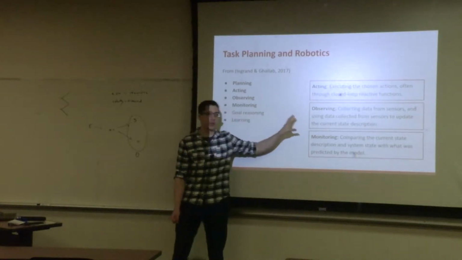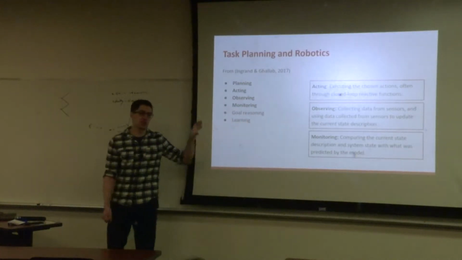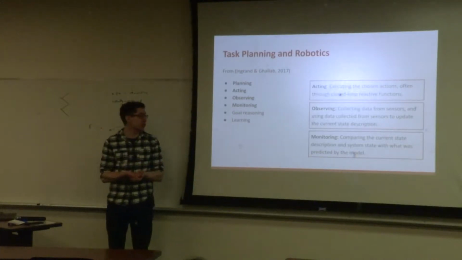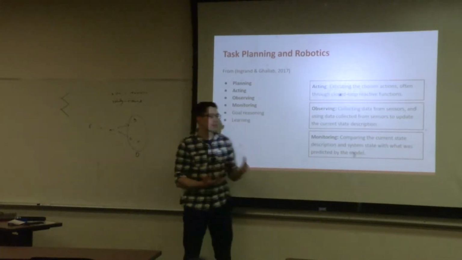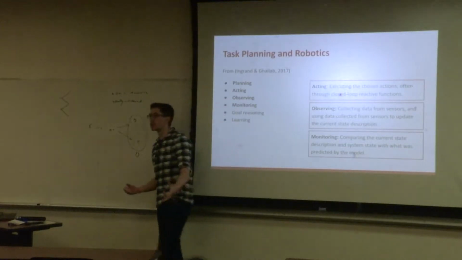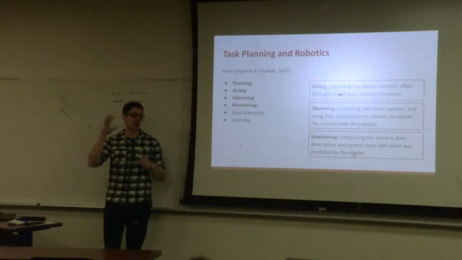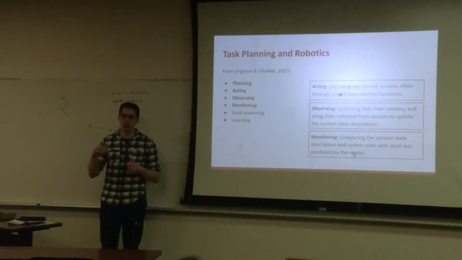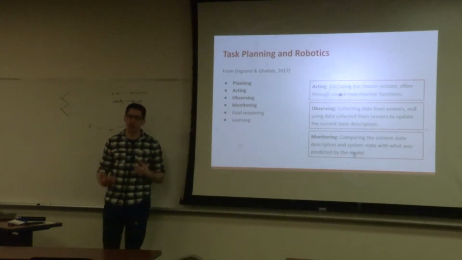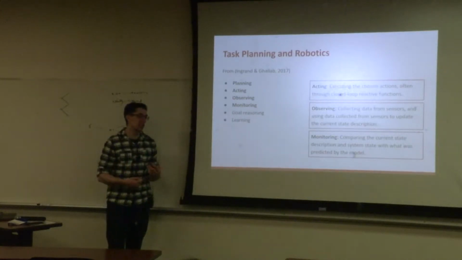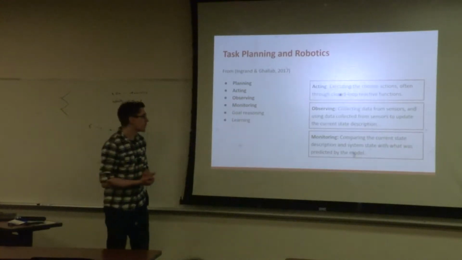Observing is the way in which the state is updated, and we try and keep it as close as possible to the real world. And it's not just a bottom-up process of taking data from sensors and updating a state, but it's also a top-down process of where do we point those sensors? When do we take active sensing actions? How do we direct our observations in order to keep the state up to date?